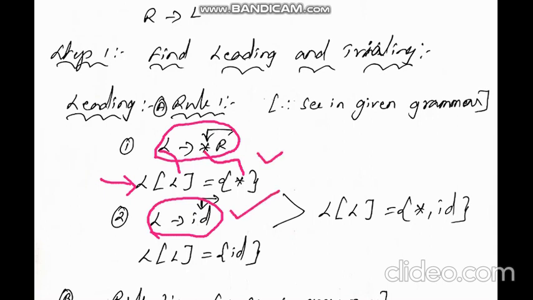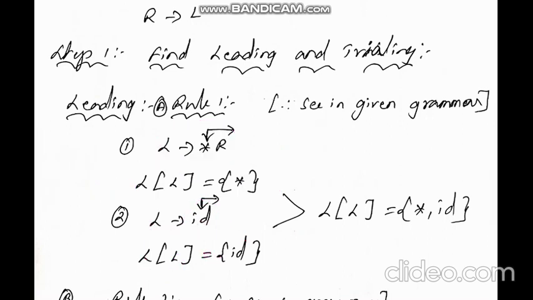Second production, L tends to ID. So leading of capital L is equal to, you can check it, we are getting this particular ID here, right? So we least bother about whether after ID we have a terminal or non-terminal. The first terminal term in the right hand side has to be chosen and taken and rewritten in this particular way, right?